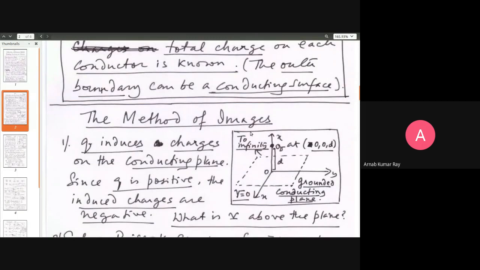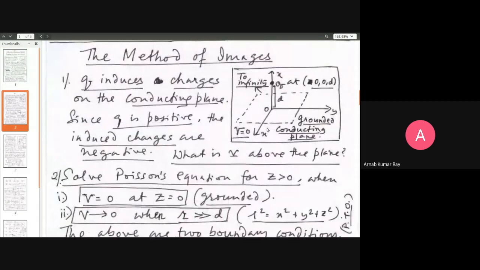First, we looked at the method of images, whereby, physically speaking, there is only one point charge and a plane which is not charged overall. It's an overall charge neutral plane, but because of the presence of the point charge in the vicinity, the plane induces charges locally.